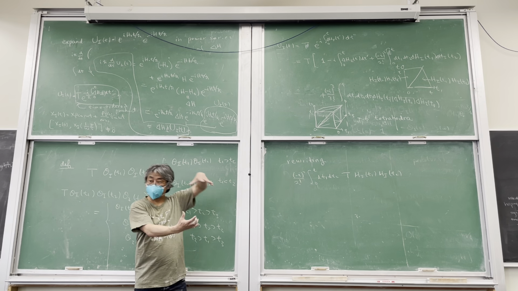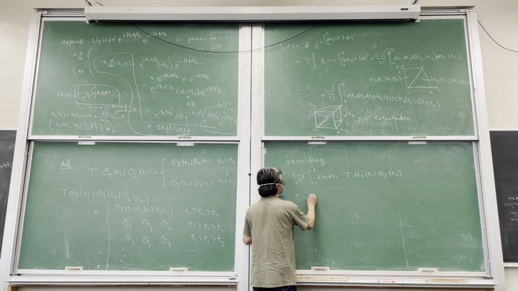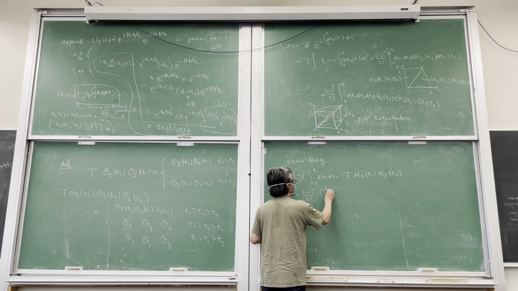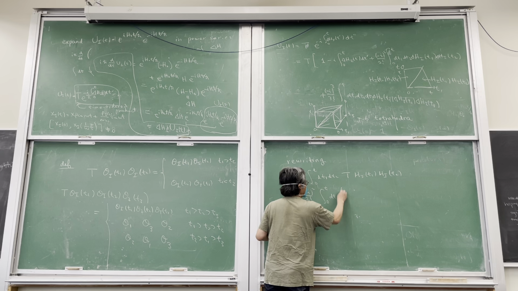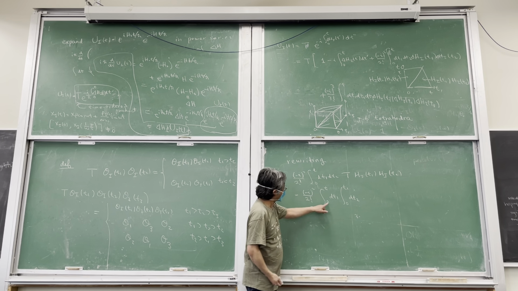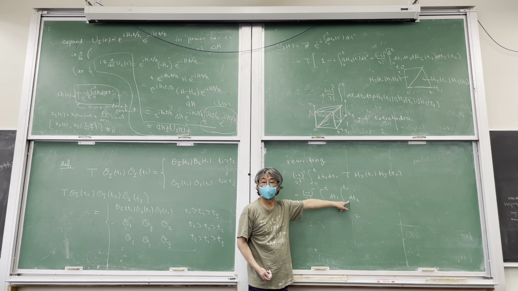And by dividing up the square into 2 triangles, I can write it the following way. This is a triangle where t1 is bigger than t2, right?